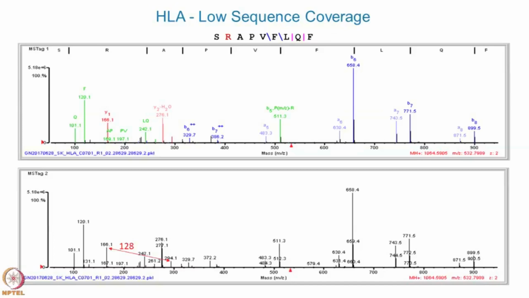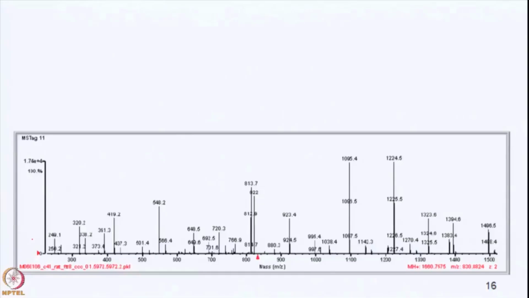This is the 128. Okay, these are doubly charged ions here. So this one is not fragmenting very completely. All right, and then I'm pretty sure this is the last one.